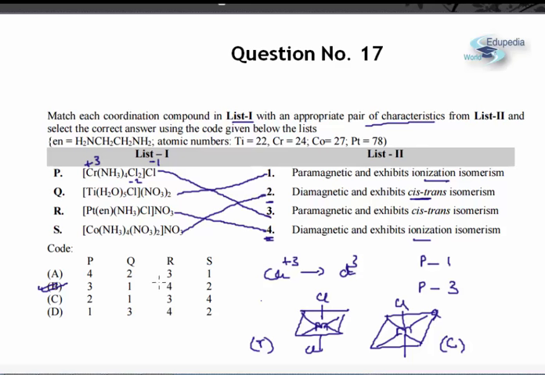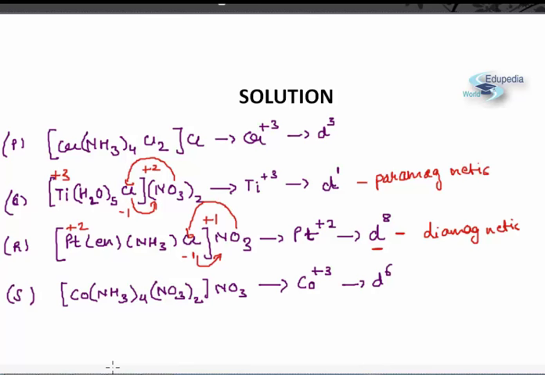Let us check how. If I go back to S, NO3 is in -1 oxidation state and the coordination sphere will have a charge of +1. These two nitrates are -2, and this will make cobalt a charge of +3. Cobalt +3 will be in a d6 configuration.